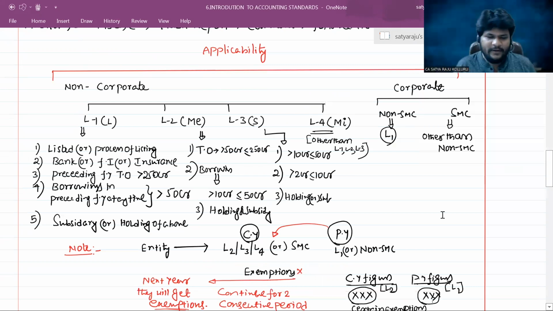If you cross check here, L1, L2, L3, L4 were clearly given: large, medium, small, and micro. The turnover and everything was discussed in the classroom itself. That's why I'm not discussing the categorization again; I just specified which amendment takes place.